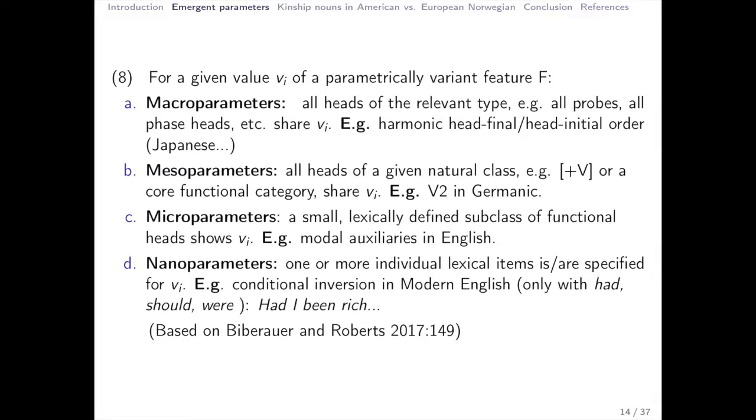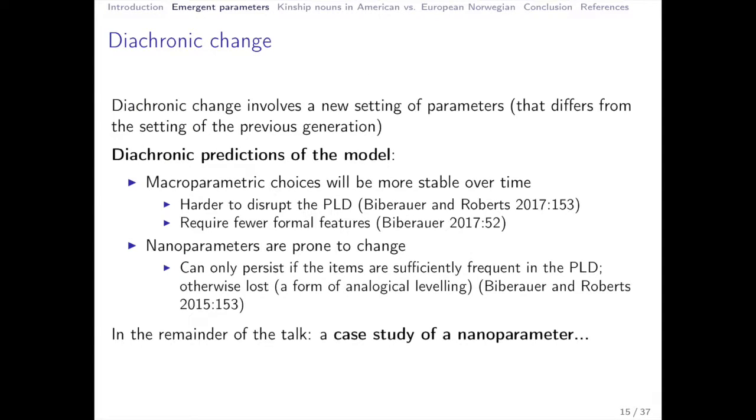Okay. A few words about diachronic change. Diachronic change involves a new setting of parameters in the individual. Now, actually, all language acquisition involves setting new parameters, but what we're talking about here is a setting of parameters that will differ from that of the previous generation. The model that I've sketched here makes some diachronic predictions.